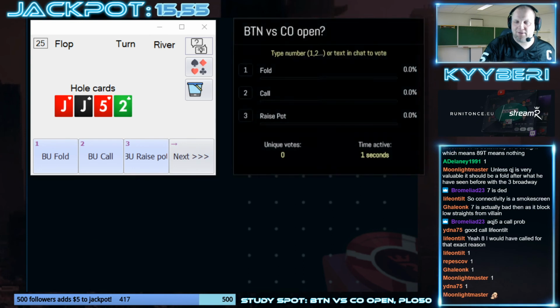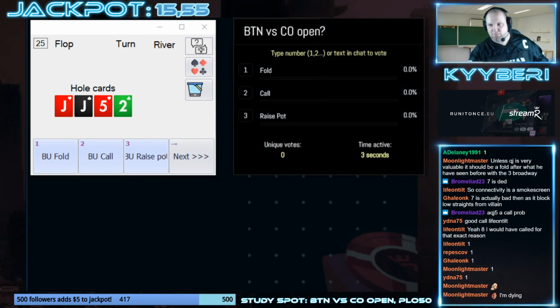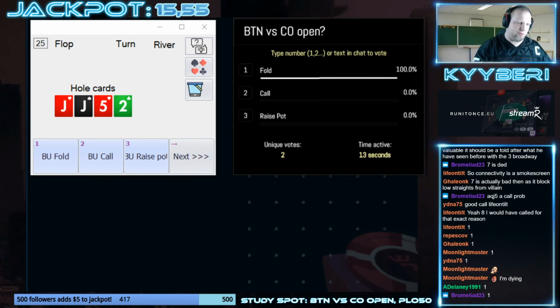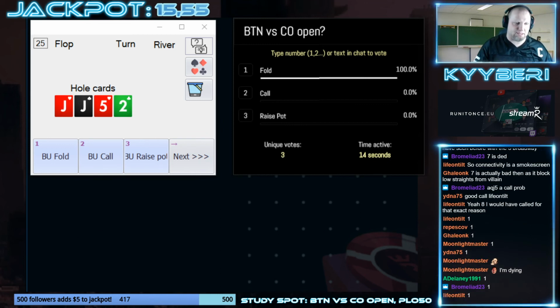What about single suited rapid jacks? We talked about the pocket pairs earlier, when we have pocket kings, single suited kings is always a call. I would say that this is a fold.